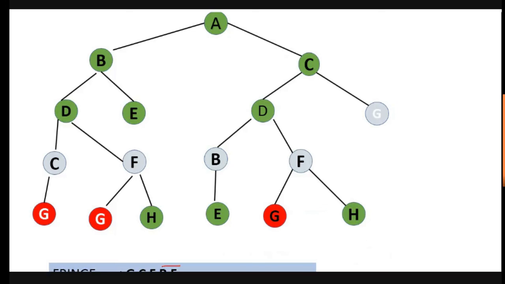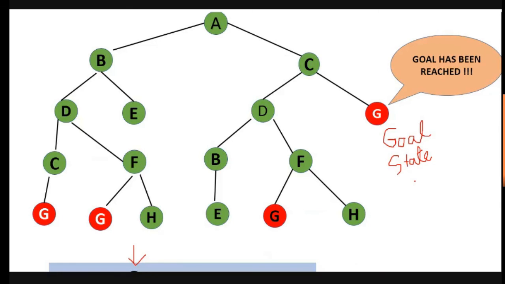Now G has come into the picture, and G is nothing but the goal. The moment you find the goal, just stop. So my goal state has been reached, and now the search is going to stop.